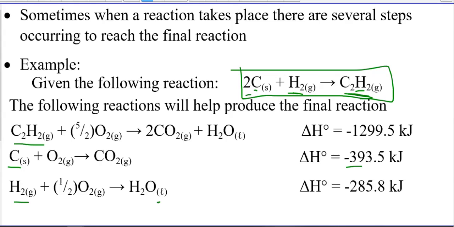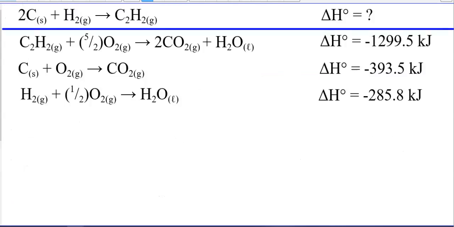We've got a lot of other baggage that we just don't want, and that's where manipulating the equations comes in. So when it comes to Hess's Law, we start off with the desired reaction. So 2 moles of carbon plus 1 mole of hydrogen should produce 1 mole of ethine. Okay, and we don't know their enthalpies, so we have to start manipulating the equations.